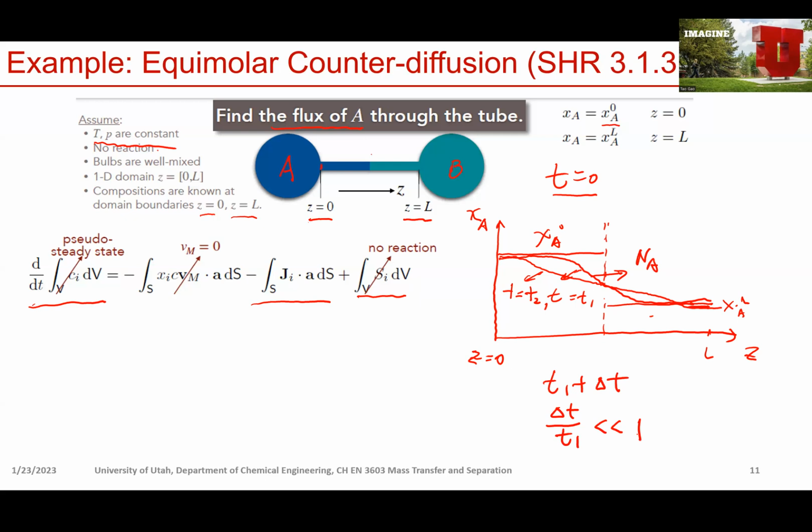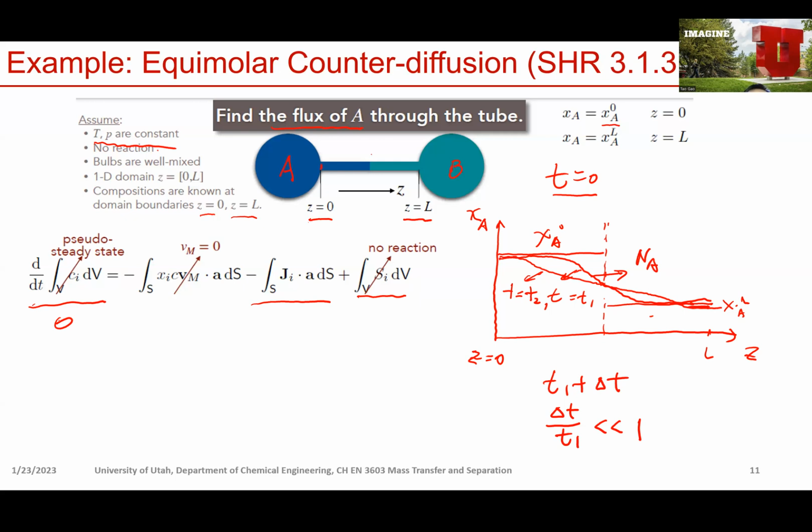So in this case, even though there's flux and concentrations are changing, because delta T is so small compared to T, the concentration profile change is so small that we can just assume dc over dt is negligible, right? It's not zero, but it's so small and close to zero. So that allows us to make this assumption, say this term is zero. Okay, this is just for the convenience so that we can simplify this problem.